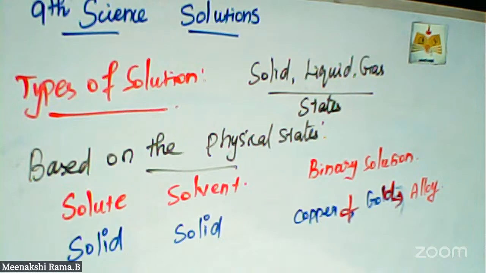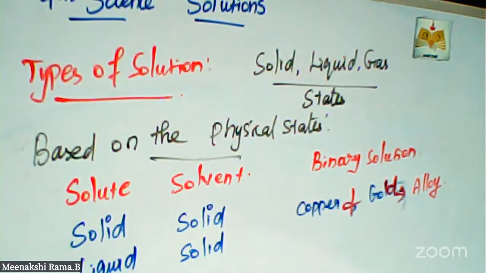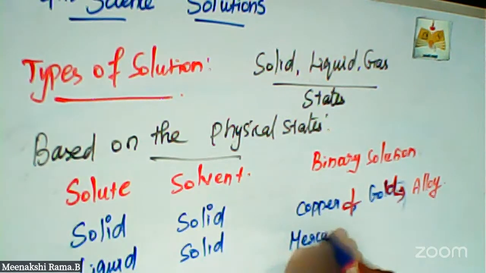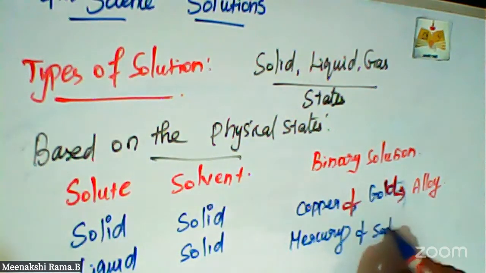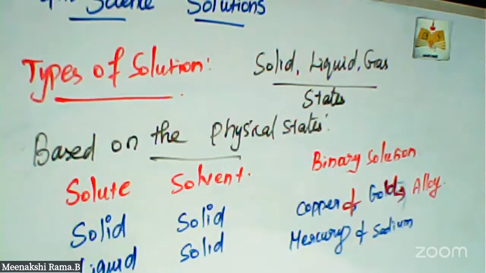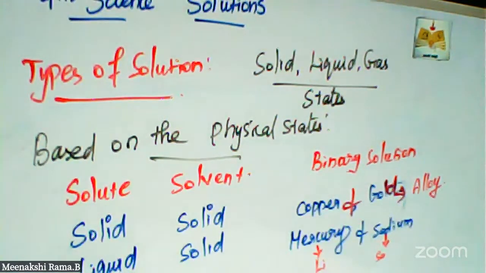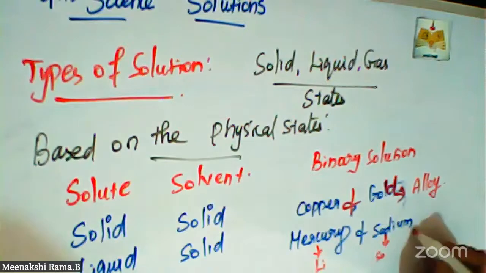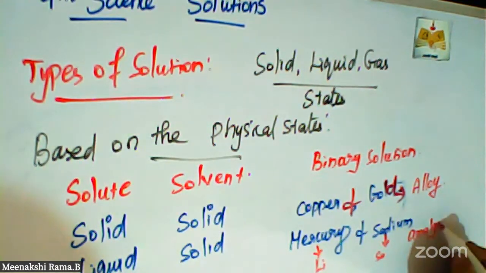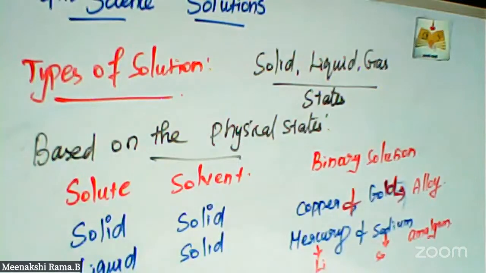And next one is liquid and solid. What is the example? Mercury is a liquid state and sodium is a solid state. These two materials join to form one material, that is called amalgam. So this kind of mixture is called amalgam.